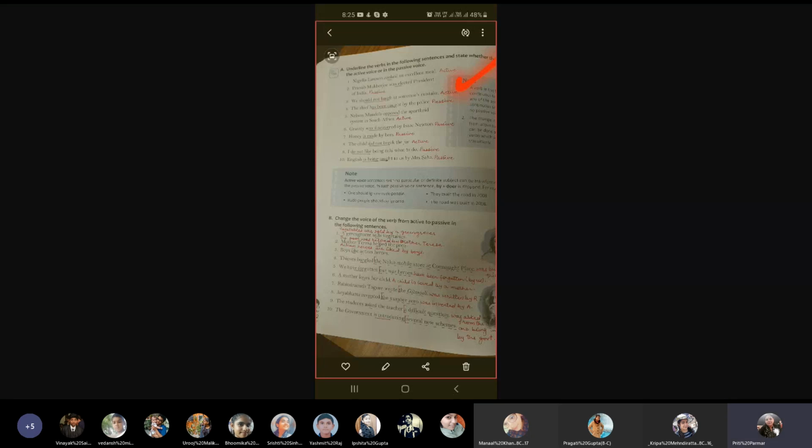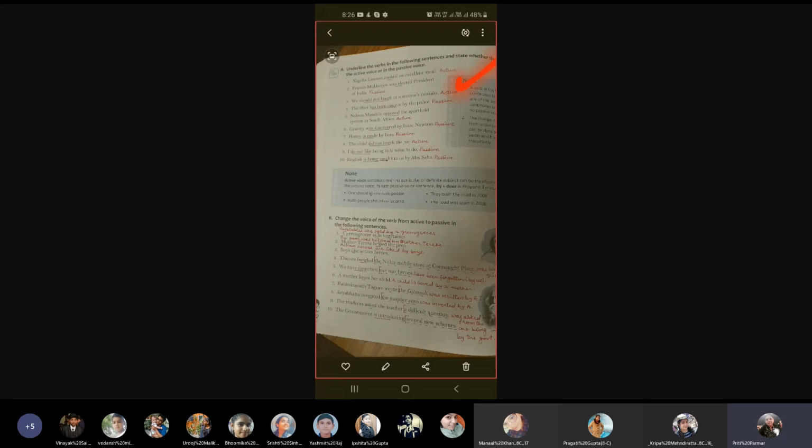The passive voice would be: the Nokia mobile store at Connaught Place was burgled by the thieves. Number five, we have forgotten our war heroes. Answer, our war heroes have been forgotten by us.